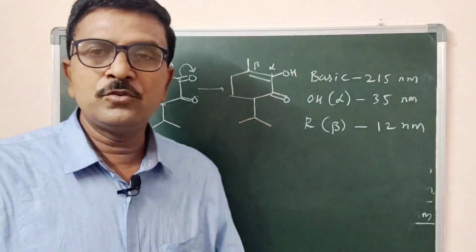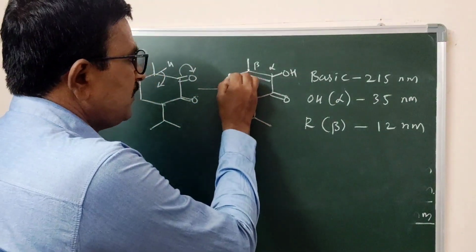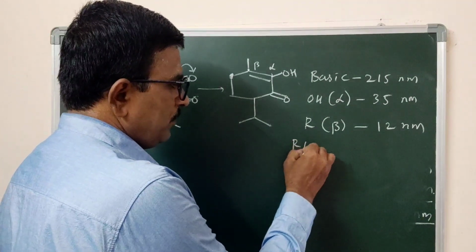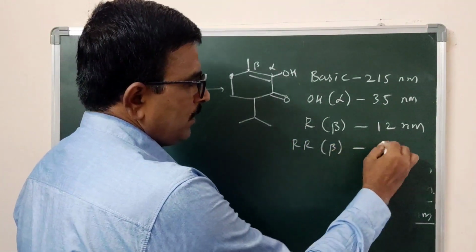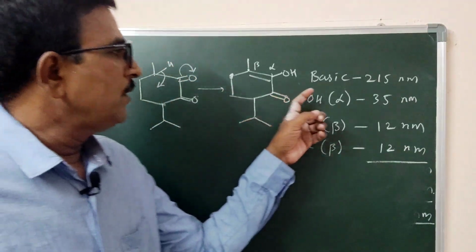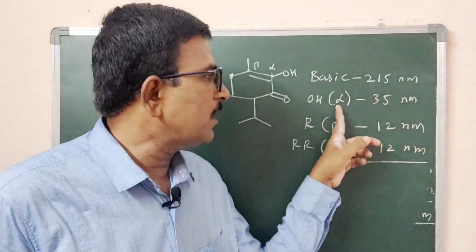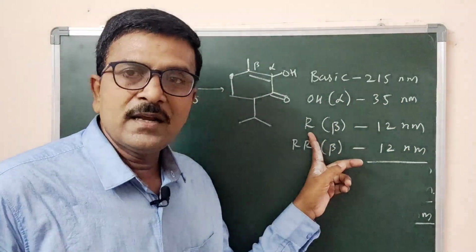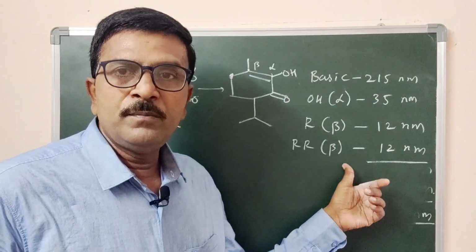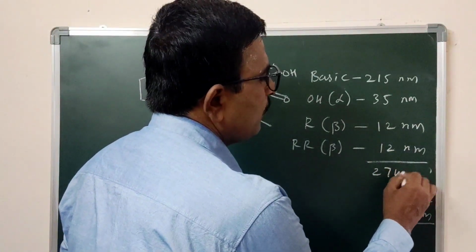One ring residue, again attached to beta carbon, contributed 12 nanometer. Now you can check basic value for 6-membered ketone 215, OH attached to alpha carbon 35 nanometer, alkyl group at beta 12 nanometer, ring residue attached to beta carbon again 12 nanometer, it becomes 274 nanometer.